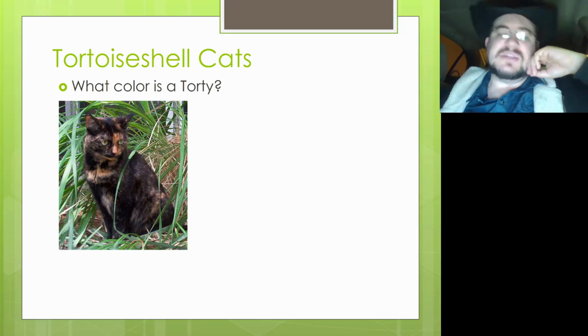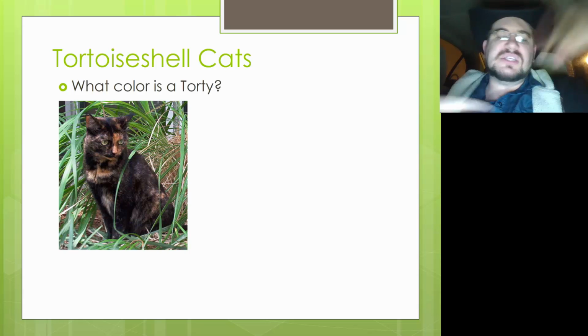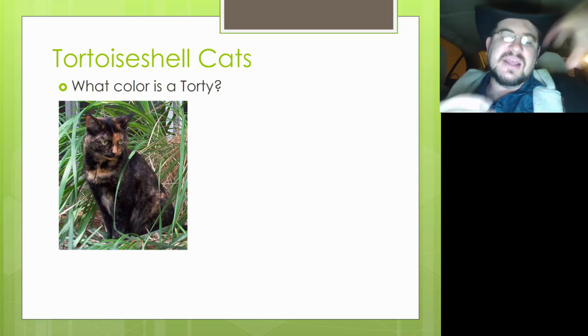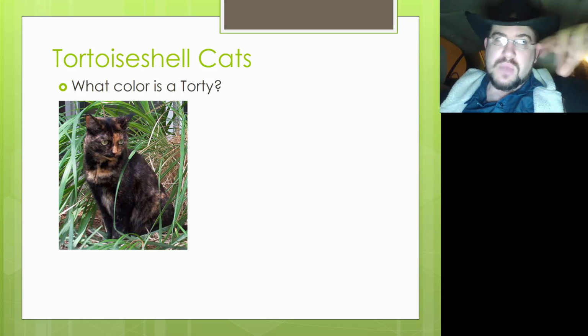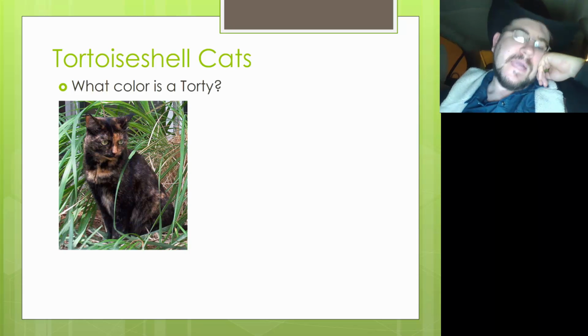And that's because it was random which cells had an X that inactivated. It was random which X inactivated in the embryonic stem cells. And the skin cells that were derived also had that random inactivated X. So the black fur lines are derived from embryonic cells that inactivated the brown, and the brown fur is derived from stem cell lines that had the inactivated black.